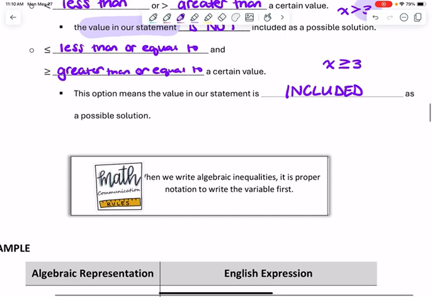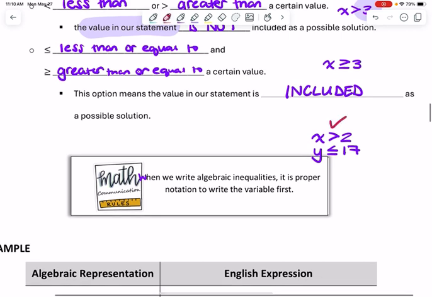Okay, let's talk about writing inequalities. Inequalities will always have a proper form, and that proper form is always going to have the variable come first. So x is greater than 2 would be in proper form. Y is less than or equal to 17 would be in proper form.